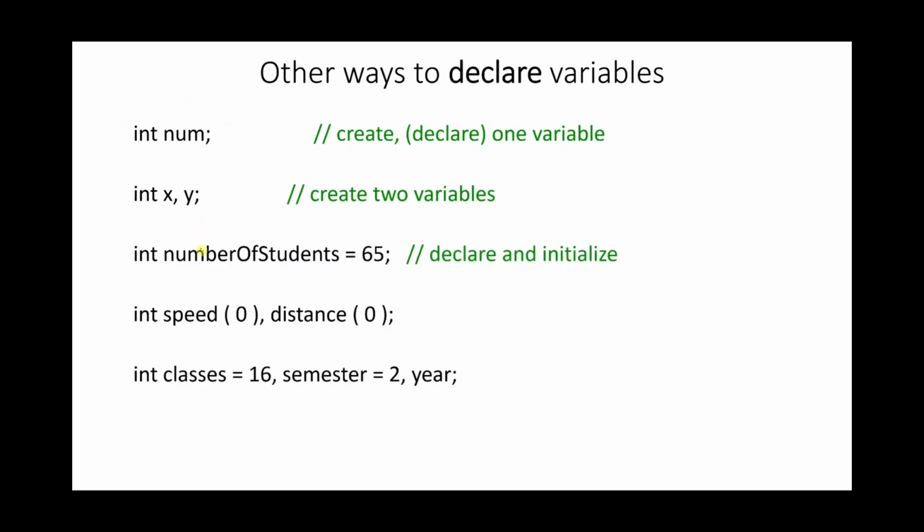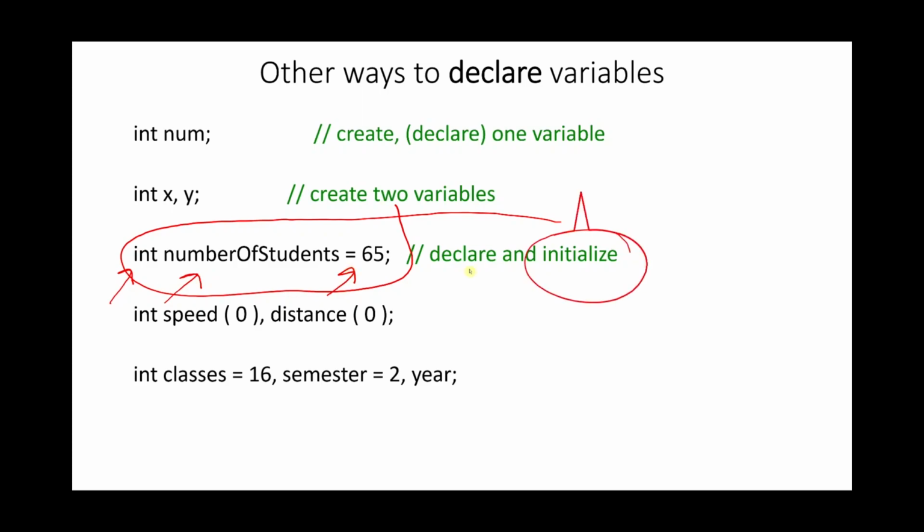So I can declare and initialize at the same time using this: data type, variable name, the assignment operator, which is used in the initialization process. Remember, the initialization process is assigning a value to the variable you just created. And this part is also called initialization.